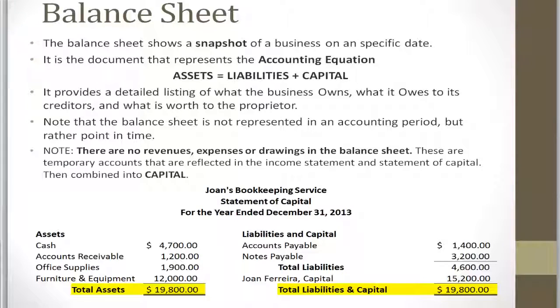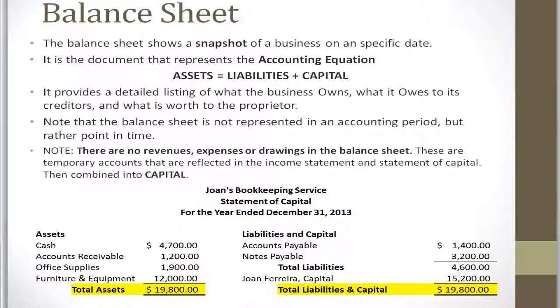Another very important financial statement is the balance sheet. The balance sheet shows a snapshot of a business on a specific date. It is also the report that represents the accounting equation: assets equal liabilities plus capital. It provides a detailed listing of what the business owns, what it owes to its creditors, and what it is worth to the proprietor.